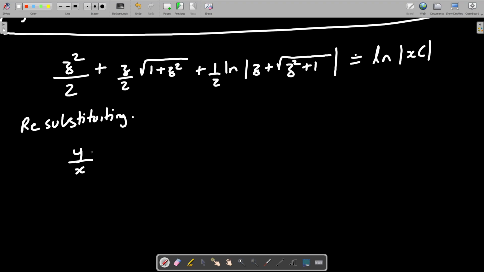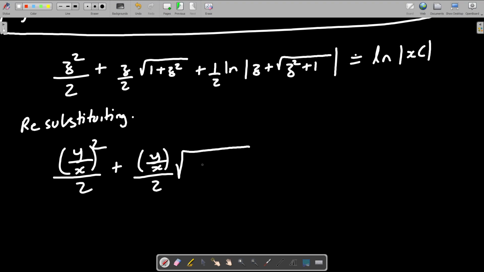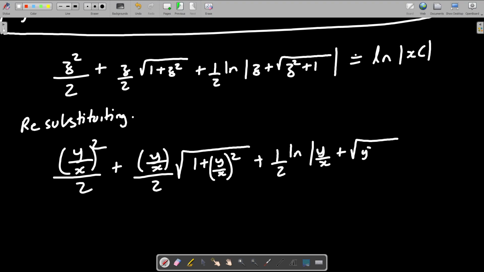It's y by x the whole square divided by 2, again y by x divided by 2 root over 1 plus, half times ln of... okay, so this is the thing.